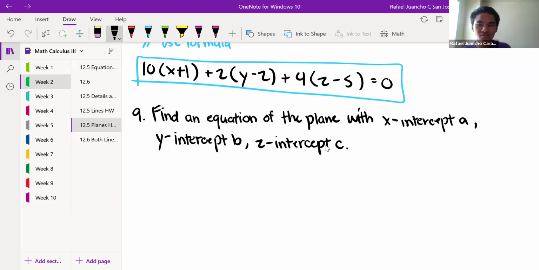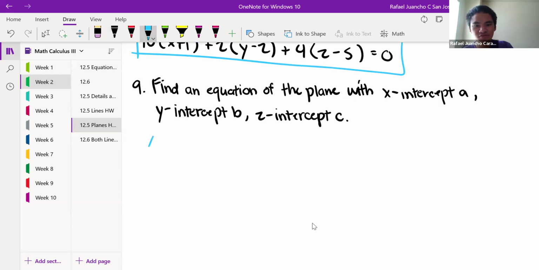So what does that look like? The first thing we want to do is translate intercepts to points, because this is a similar problem where we're given 3 points in the plane. So what do I mean by translate?